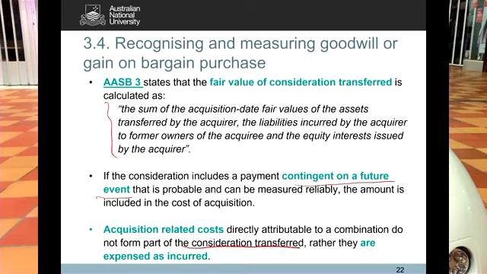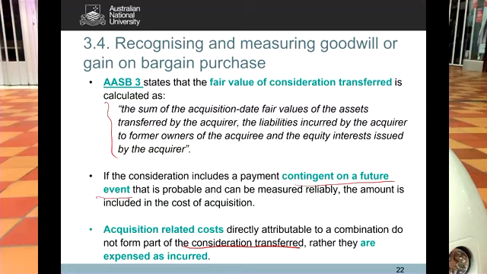If they are not transferred to the acquiree, they shouldn't be included in the consideration transferred. Again, to be clear, the consideration transferred is always the consideration transferred to the acquiree.